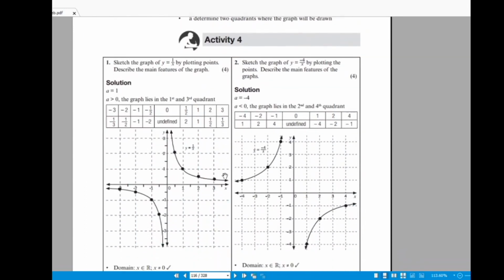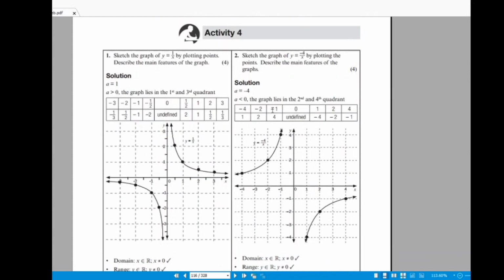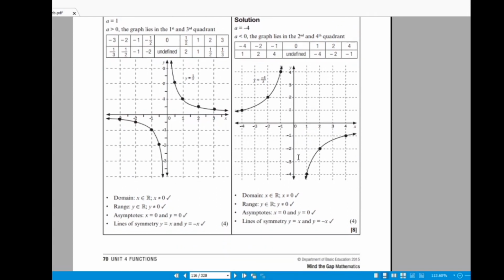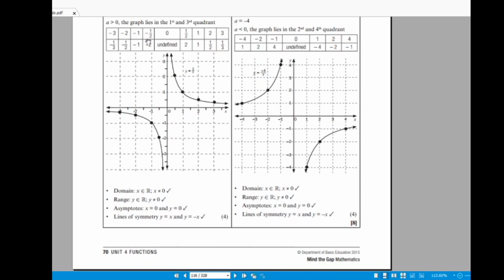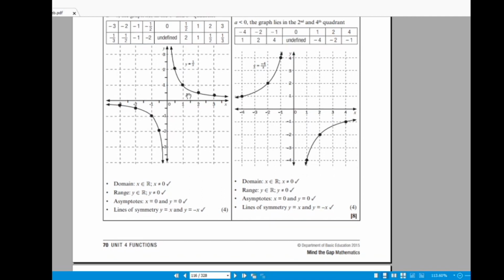So now, in activity 4 they are plotting, but that is not the easy, smart or quickest way to go about it, because if you plot you'll waste time in the exam.